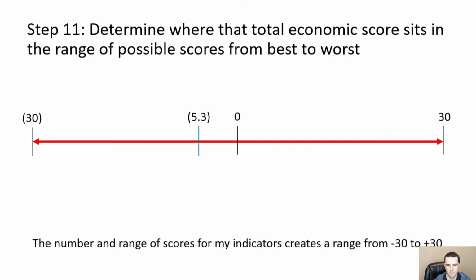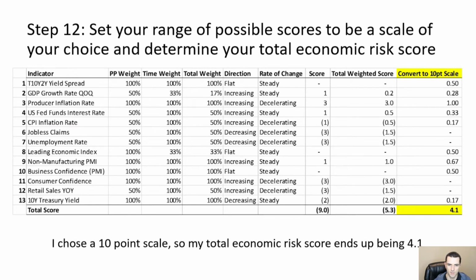So that negative 5.3 kind of sits on the bottom half of my scale, but isn't that far off from the midpoint. So that's just a nice to know, but doesn't really help me quickly calculate what that actually means. So that takes us to step 12.